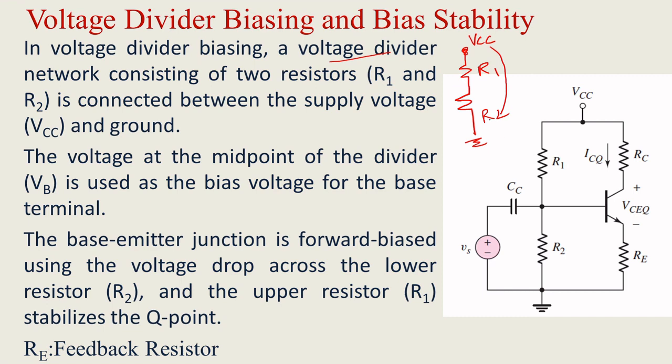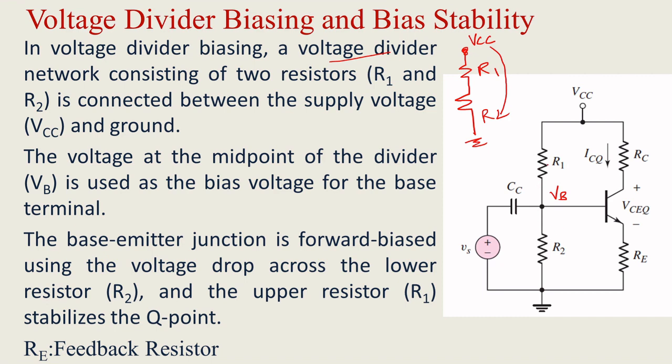Another thing, the voltage at the midpoint of the divider is used as a bias voltage for the base terminal. That means the base emitter junction is forward biased by the voltage drop across the lower resistor R2. Another thing, the drop across the resistance can be varied.